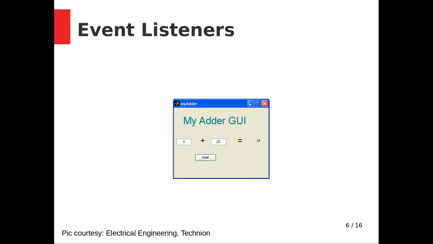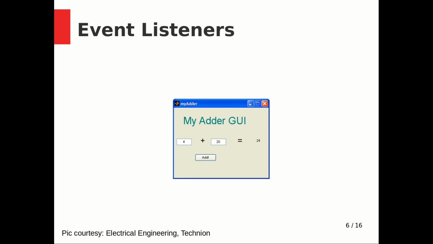About event listeners, we have already seen what an event listener is. An event listener is someone who has been actively waiting for an event to occur and who takes some action corresponding to that event. This is a very simple calculator. Here we have two text boxes, both of them contain two numbers, and there is a push button, or command button, or action button called add.